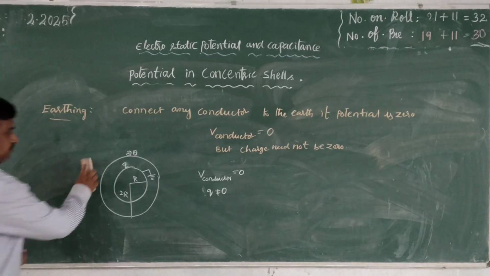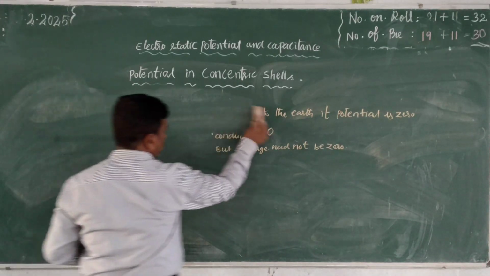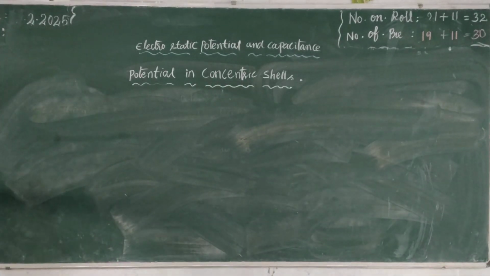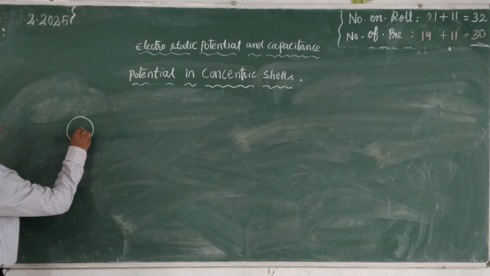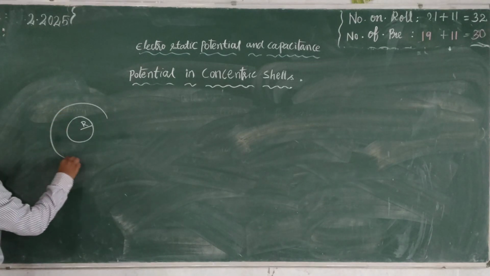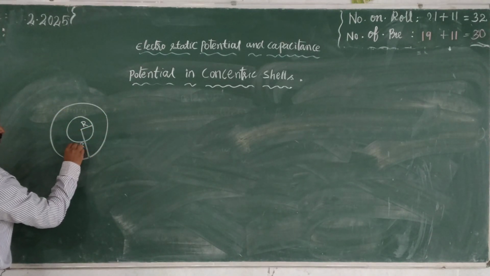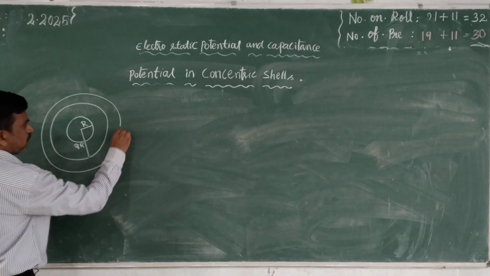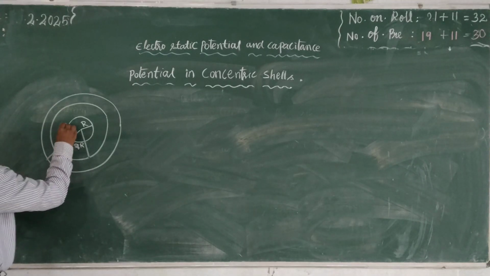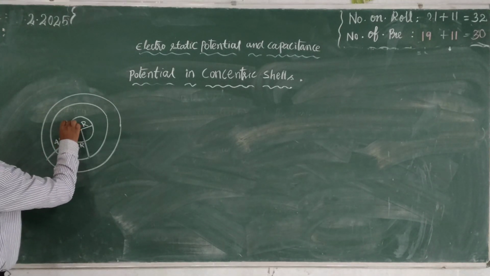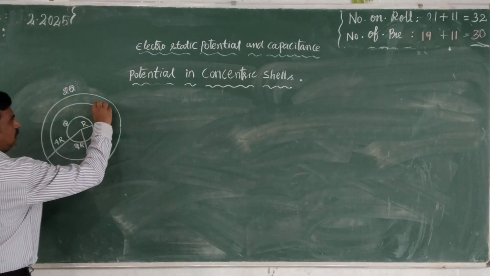Now the first one. Here is the first sphere, radius r; the second sphere, radius 2r; the third sphere, radius 4r. The charge here is q, the charge here is 2q, and it is connected to earth.